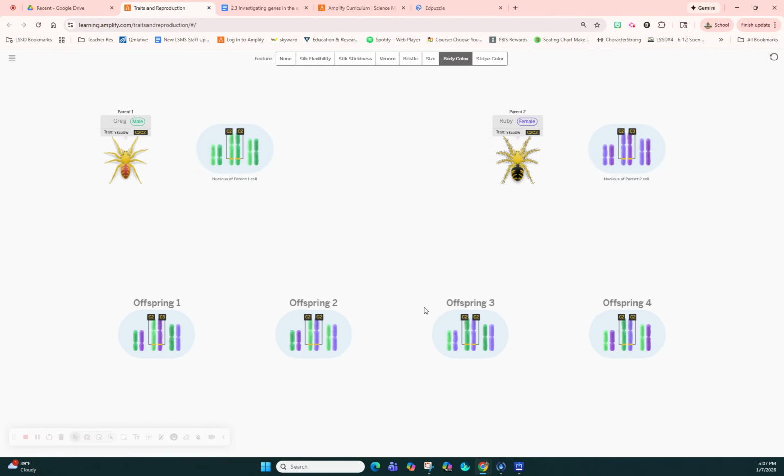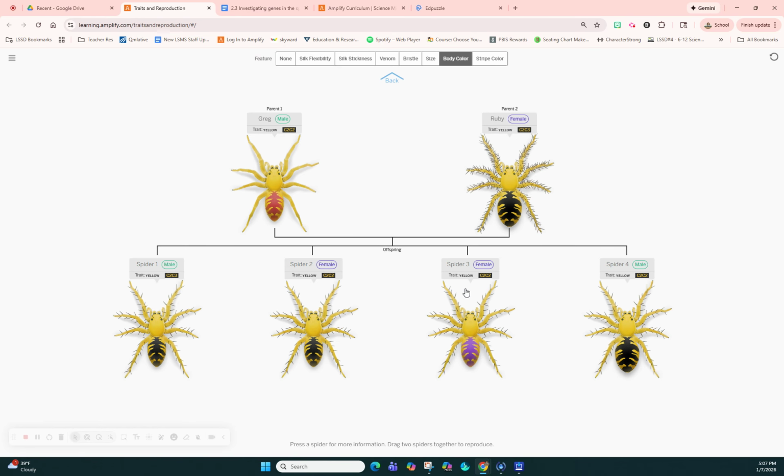Remember, we never know exactly what offspring we're going to get. So you can see here their offspring. They have a possibility of having 2 males, 2 females, and it looks like they're all yellow in body color, but I do see some variations in some other body traits.